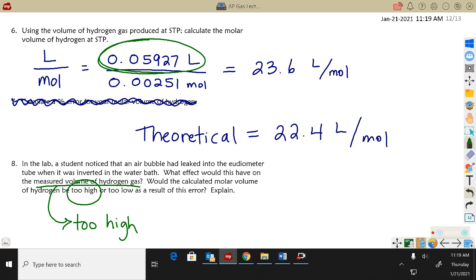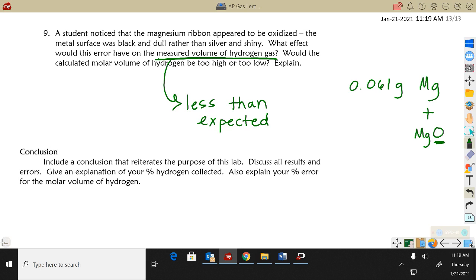Oh yeah, that moles number is too large. I really didn't have 0.00251 moles of magnesium or moles of hydrogen. So the volume in the numerator is going to be too small, and the moles in the denominator are going to be too large. Either would then make my molar volume less than what I expect.